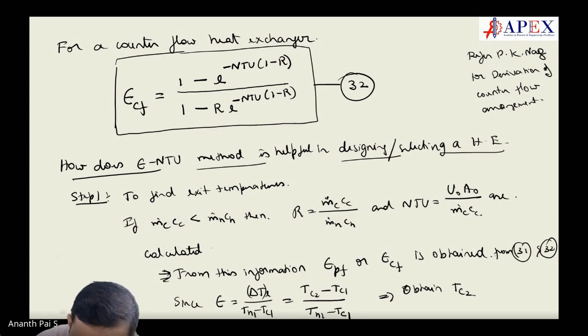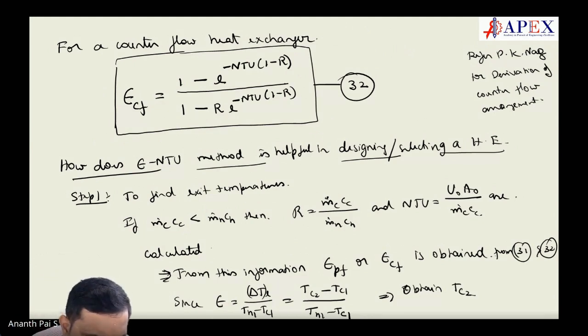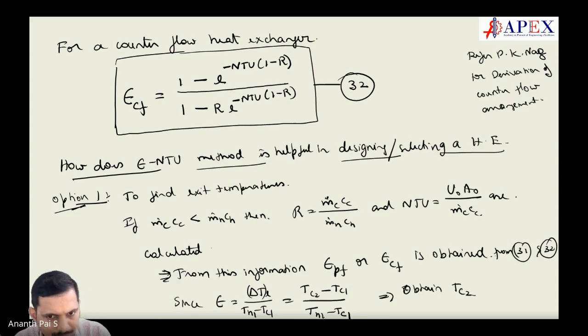Tc1 is known, Th1 is known, you can calculate Tc2. Fine. This is option one. Instead of step one, let us say option one, option to find exit temperature.